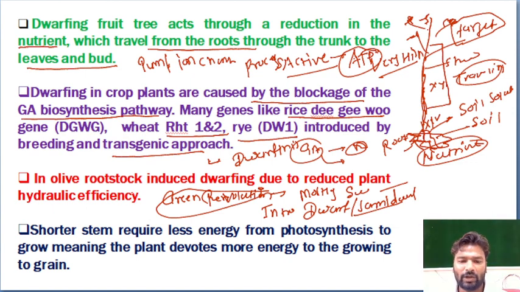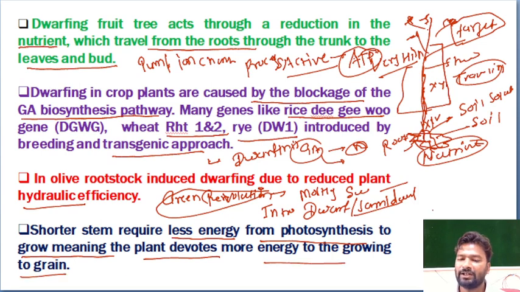And in the olive rootstock, dwarfing induced reduced hydraulic efficiency, meaning your water transport efficiency, and a shorter stem requires less energy from photosynthesis to grow, meaning the plant devotes more energy to the grains.